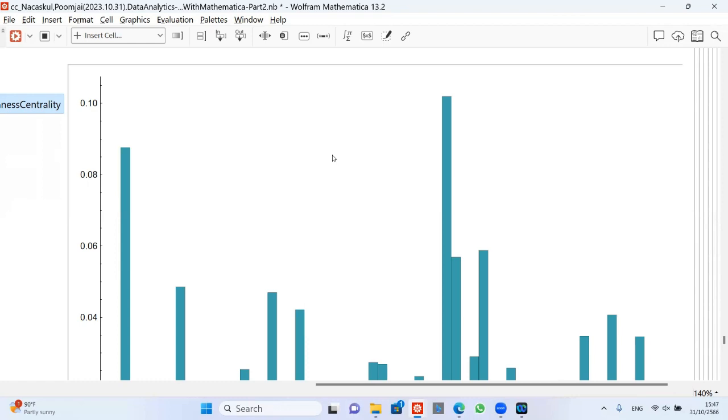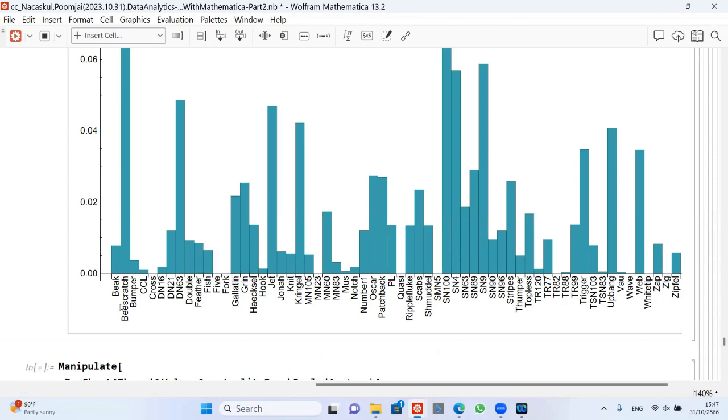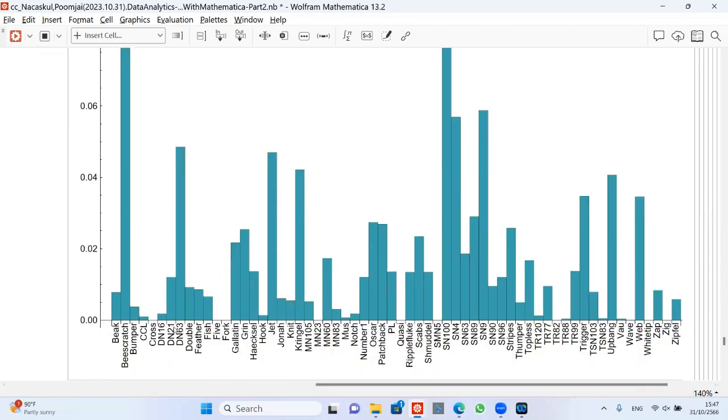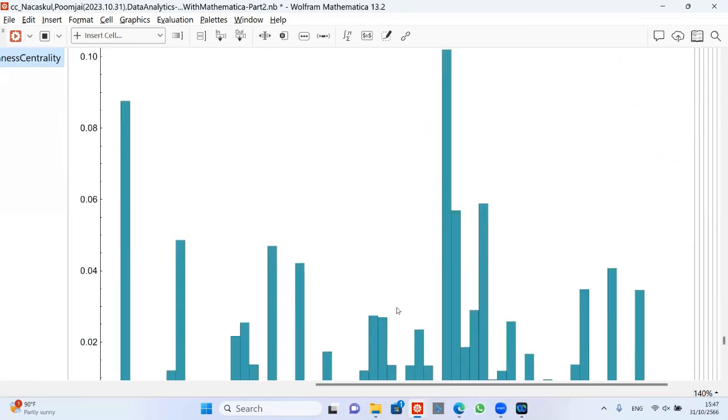Okay, so if I'm going to create a gossip among dolphins, I should go to SN100. If not, I should go to Beescratch. Okay, Cross doesn't matter, Cross doesn't pass information, that sort of thing. Okay, so these are machine learning based, but it's sort of like an algorithmic machine learning, not the neural network kind of thing.